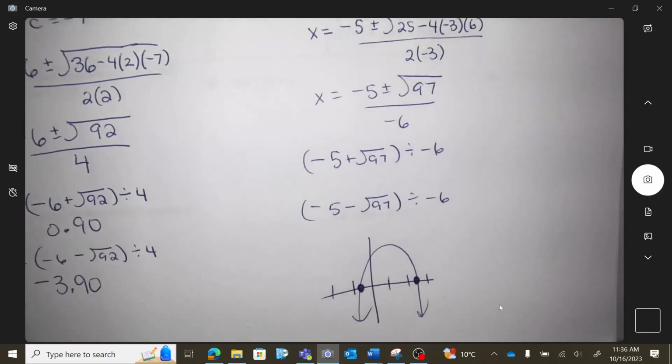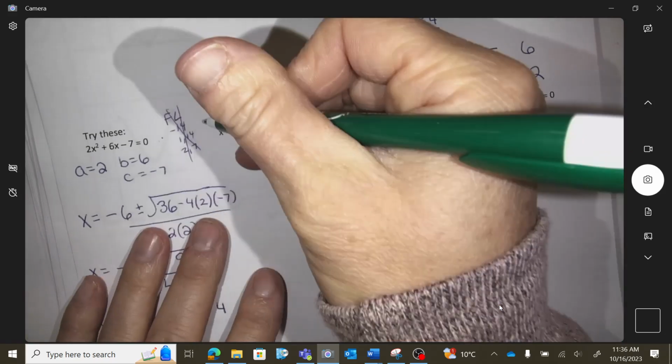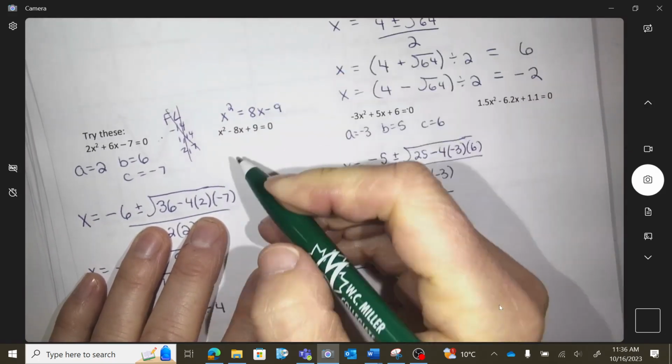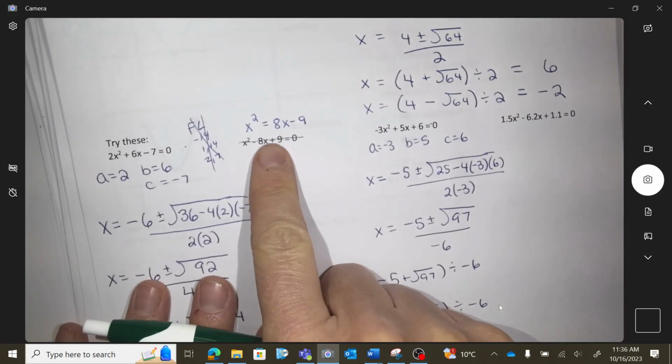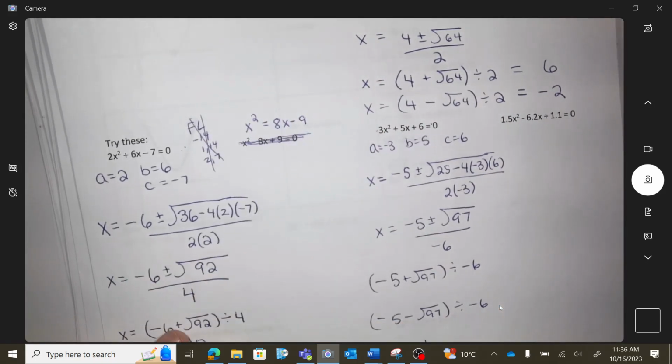Okay, question 2. You know what I wanted to do? I kind of wanted to change the question. This is probably something I would give you on a test. So, can you change that question? This is how I'm tricking you on the test, by the way. Use the formula to solve this.